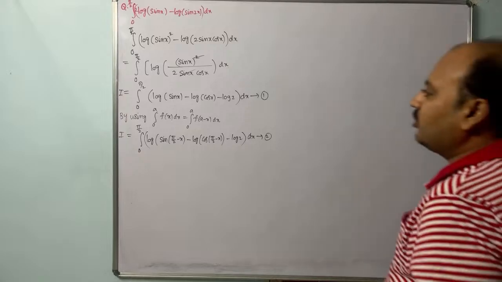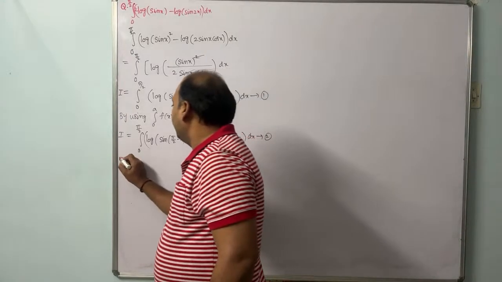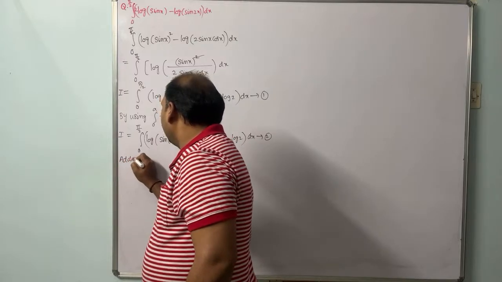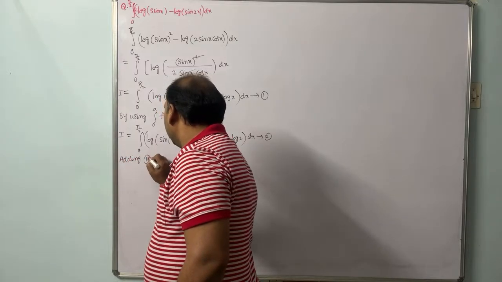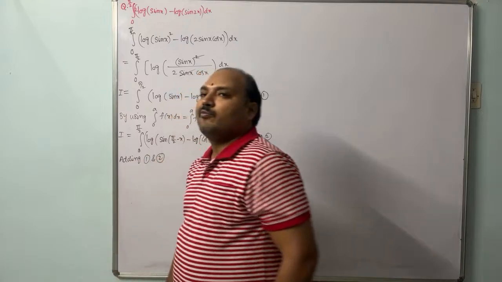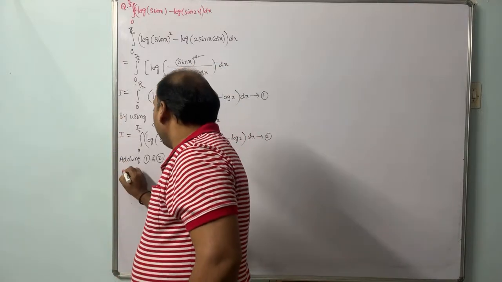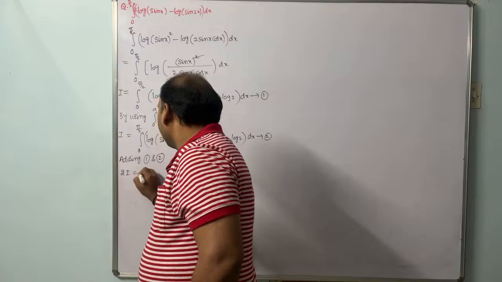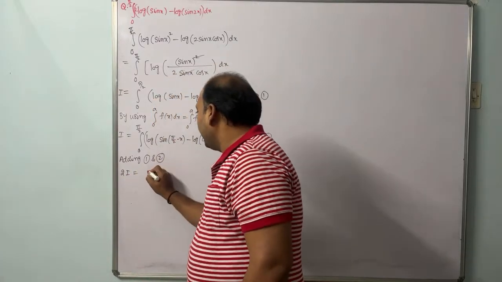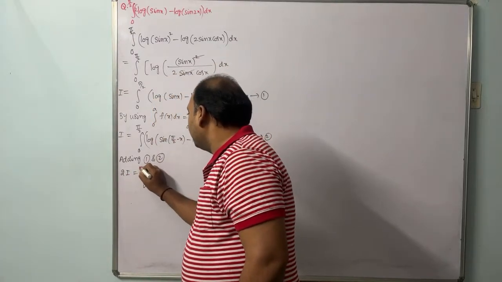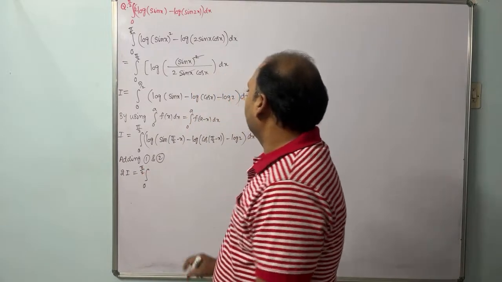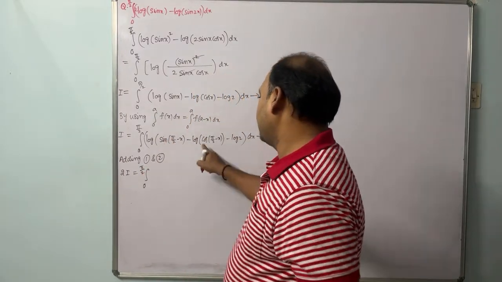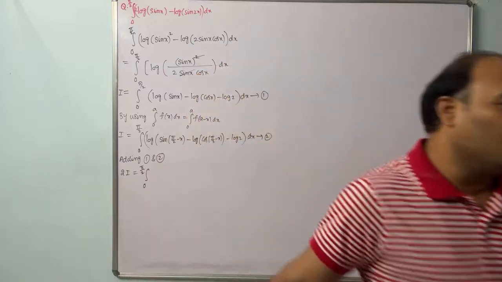After that, we are going to add equation 1 and 2. Adding 1 and 2 respectively, I plus I to I. So limits are same, no? We can add directly 0 to pi by 2. Sorry, first we need to simplify, students, then only it will be easy.